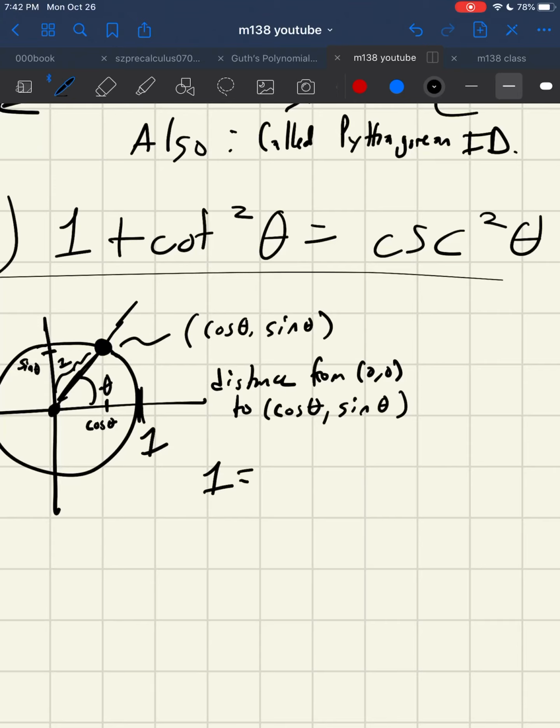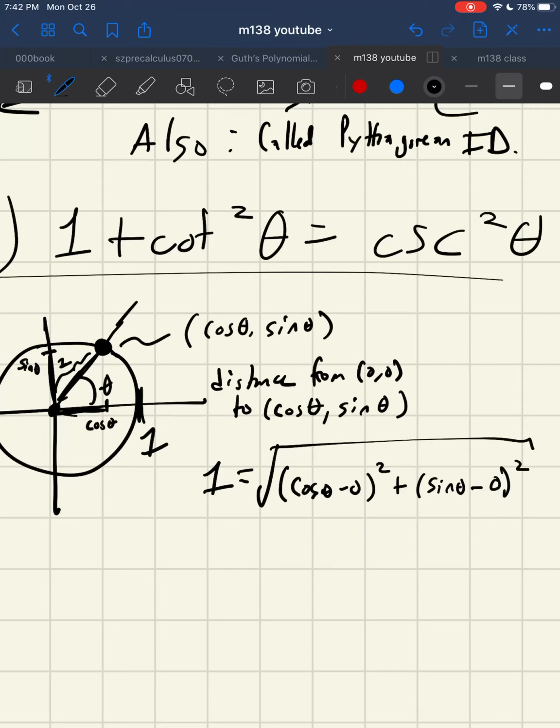So 1, which is the distance, is going to equal the square root of the difference between cosine theta and 0, because we're going to look at the difference of x coordinates. So cosine theta minus 0, quantity squared, plus the difference in y coordinates, sine theta minus 0, quantity squared, and we take a square root.